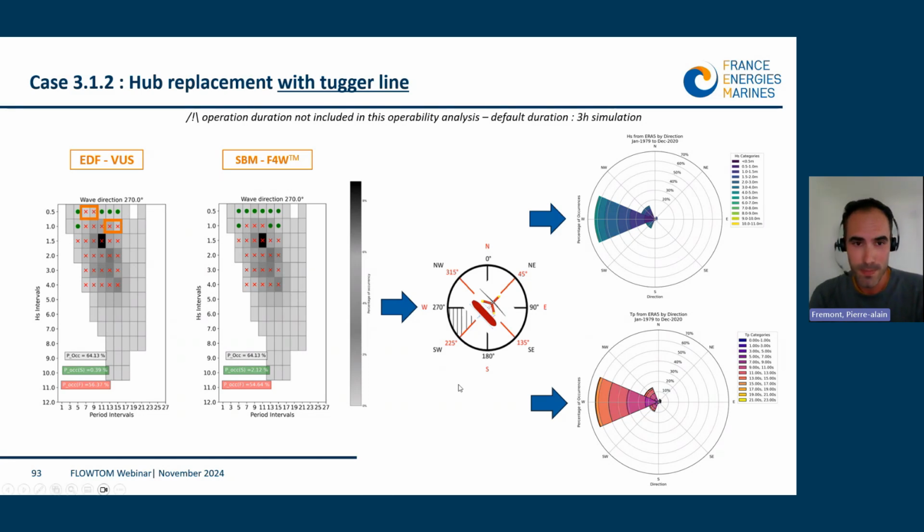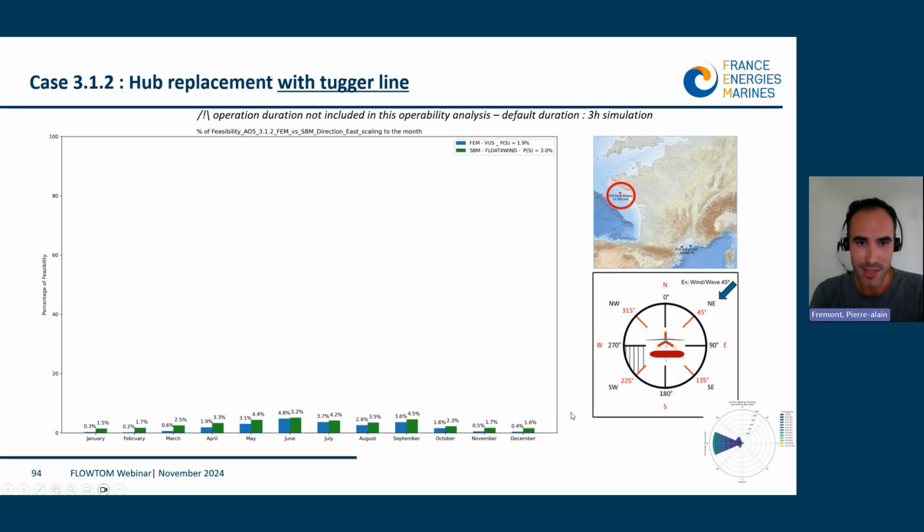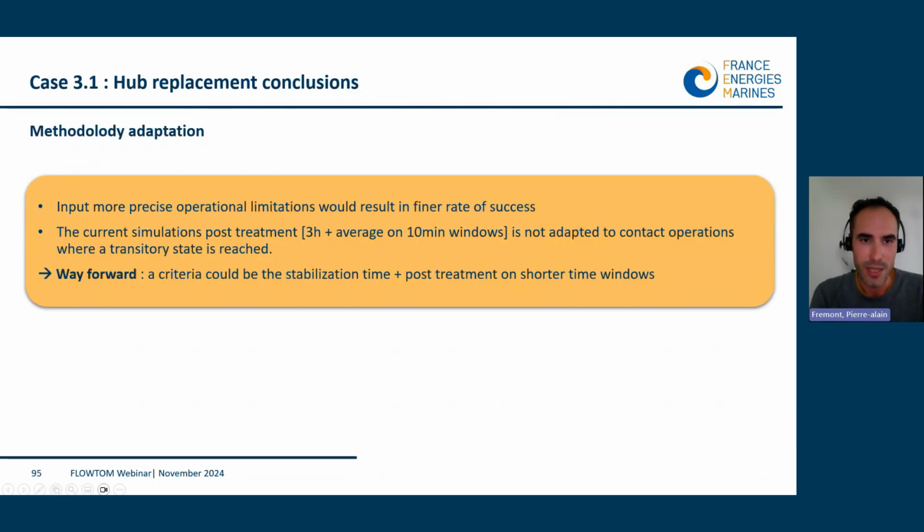In terms of seasonality, the percentage of success is so low that it's also complicated to interpret. So in that case, we should define some more precise operational limitations to refine the results and probably increase the operability.